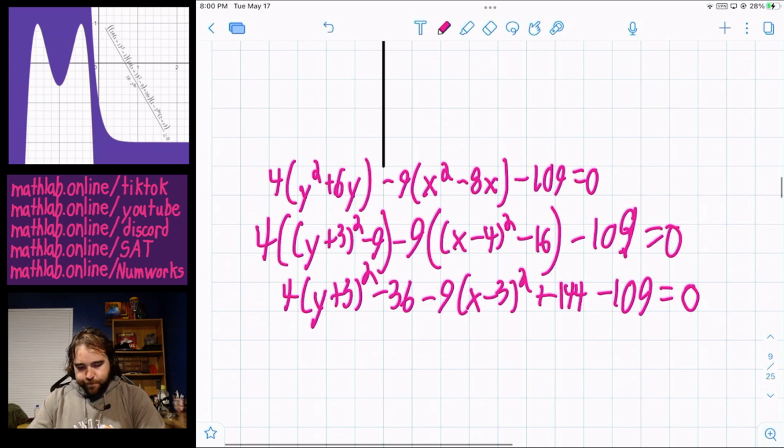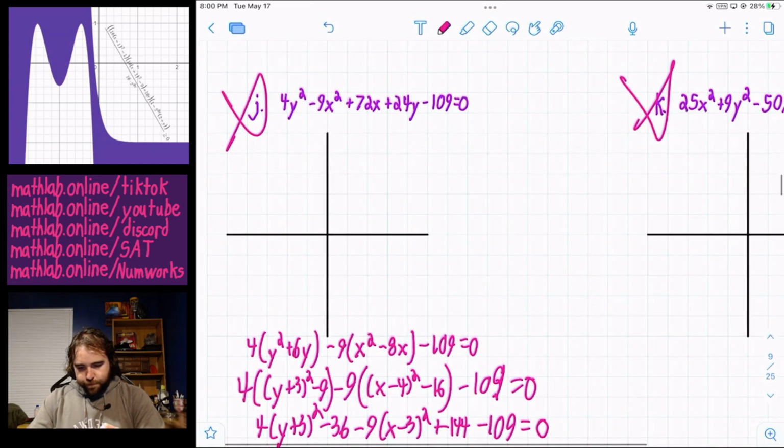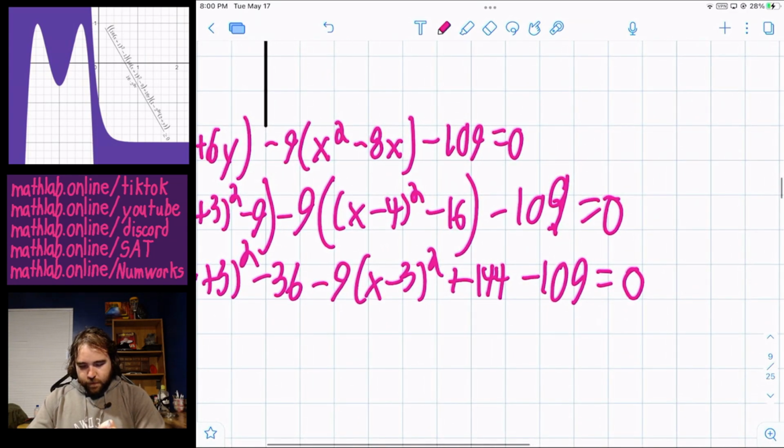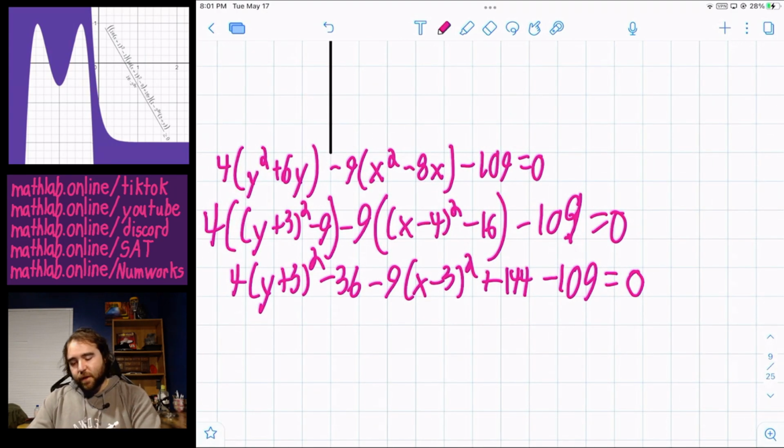Right? So then negative 36 minus 109. You put the 1, negative 110, and 35. Negative 145 plus 144 is negative 1. Move it to the other side.